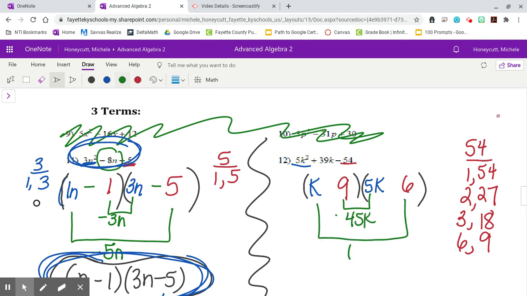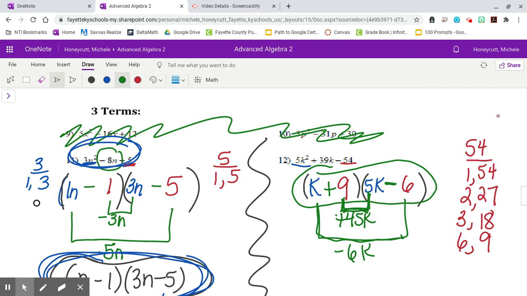K times 6 is 6k. Can I add or subtract those? Well, if I have a positive 45k and a negative 6k, that would combine to be positive 39k. So I would have a plus. Now I'm going to follow this path right here to get the plus 9, and then follow this path to get minus 6. So this factors into k plus 9 and 5k minus 6.